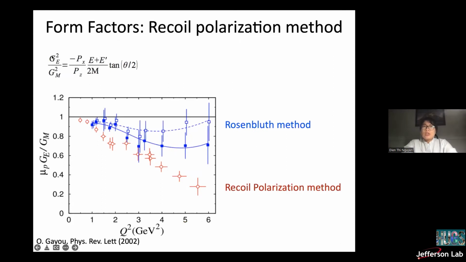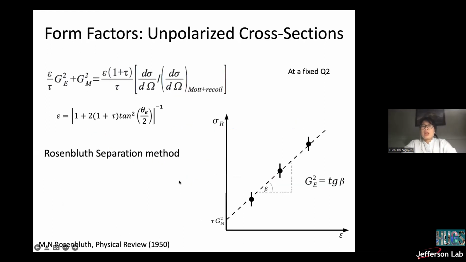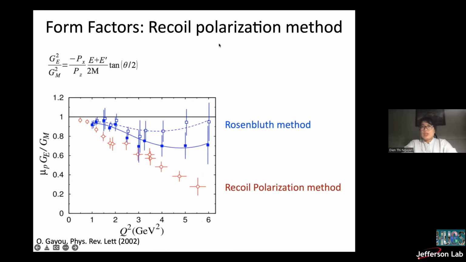They calculate the ratio of GE² to GM² at the fixed value of Q², but follow different methods. The first method we are using is the Rosenbluth separation, so that is method 1. And method 2 is using the recoil polarization method. That one gives us the ratio as well. And then what they compare is the ratio using two different methods.